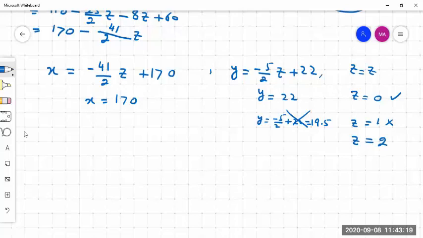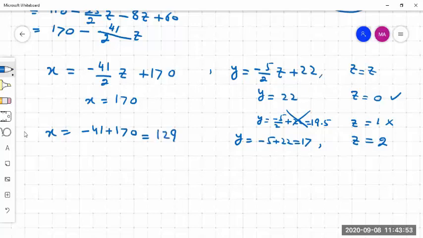When z is 2, y would be negative 5 times 2 by 2, that gives negative 5 plus 22, so 17. Similarly, x would be negative 41 times 2 by 2, so negative 41 plus 170, which gives another integer: 129.